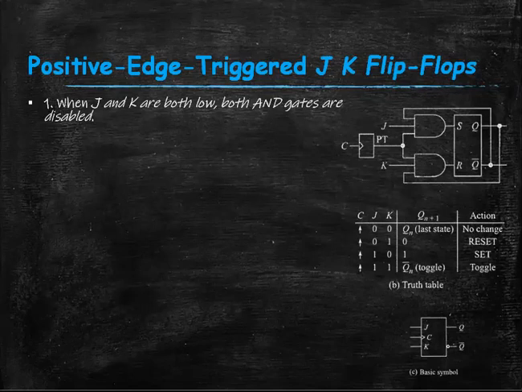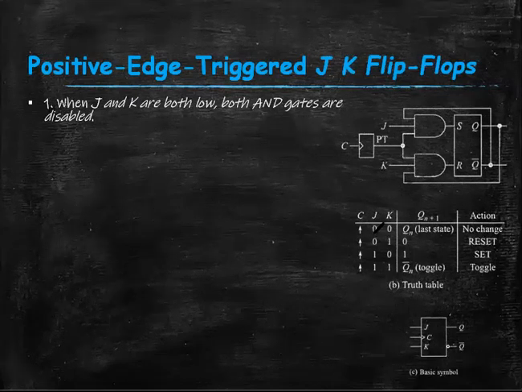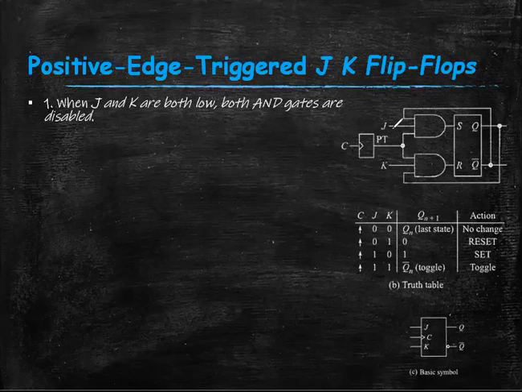Consider the operation in detail. First, we consider the case J is equal to 0 and K is equal to 0.